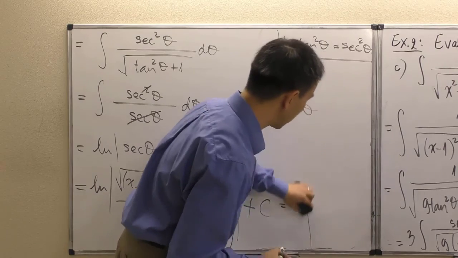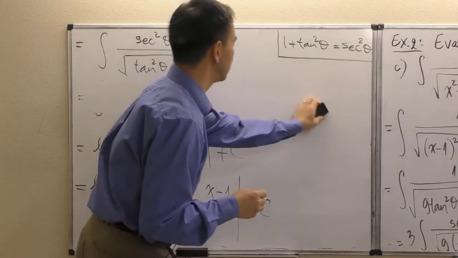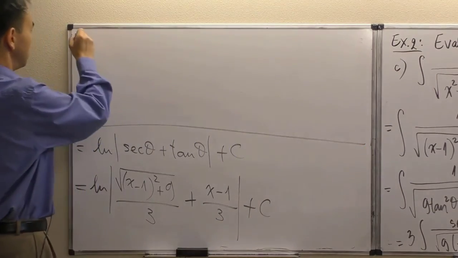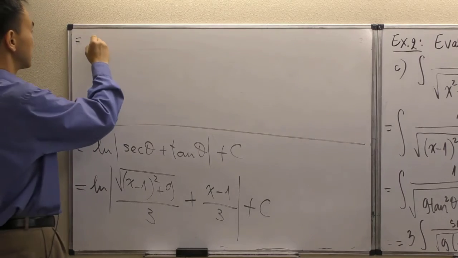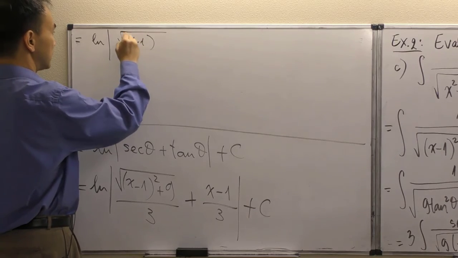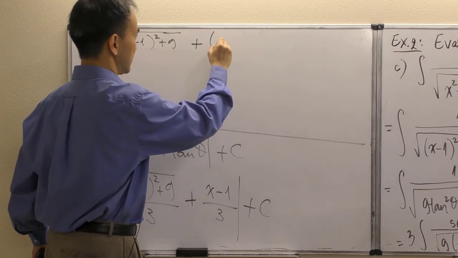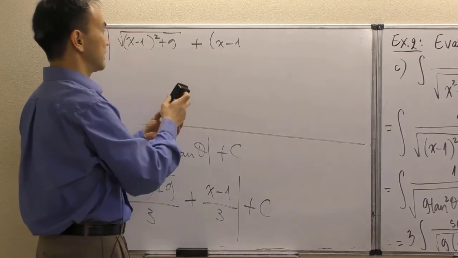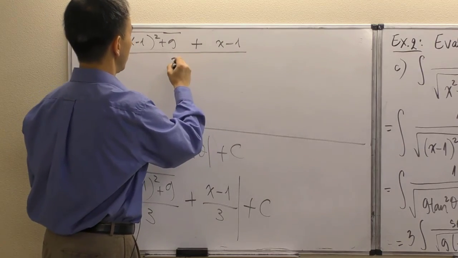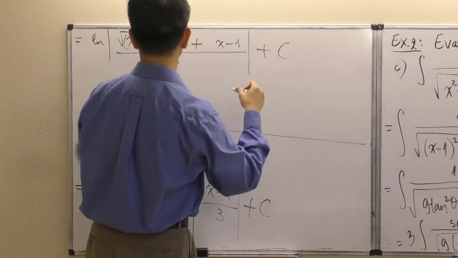I'm running out of space myself here, so allow me to use this space above. So now I'm looking at logarithm of the square root of (x minus 1) squared plus 9, and I'm adding all that x minus 1, and I don't think I need the parentheses here, and all of that is over 3, plus c, the constant.